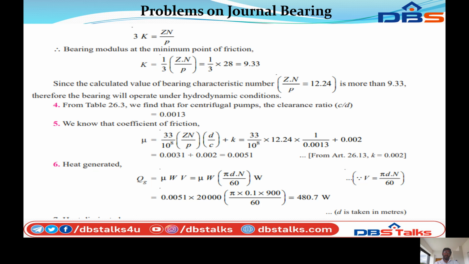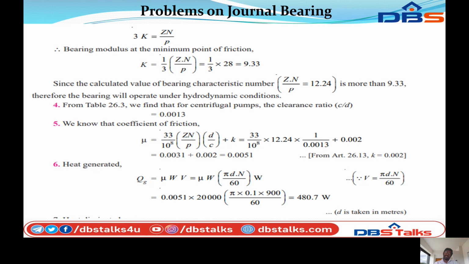So from the table we find that the clearance ratio C by D is equal to 0.0013. We know that the coefficient of friction mu is equal to 33 by 10 power 8 ZN by P into D by C plus K, that is equal to 33 divided by 10 power 8 into 12.24 into 1 by 0.0013 plus 0.002.